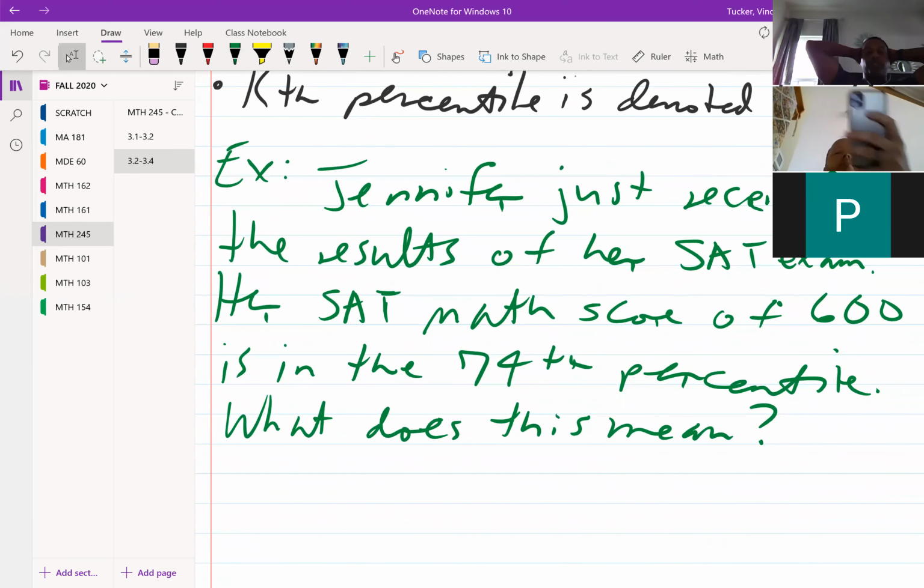All right, so Jennifer just received the results of her SAT exam. Her SAT math score of 600 is in the 74th percentile. What does this mean?